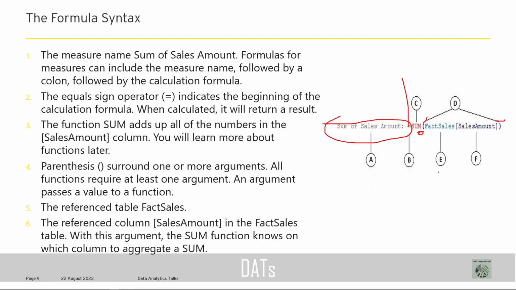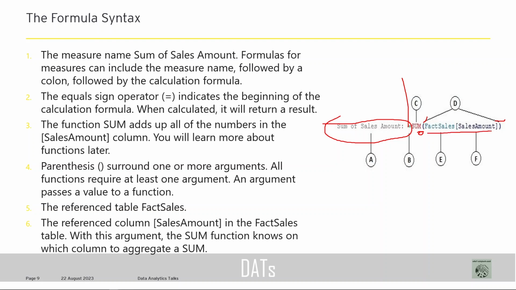Then we are referring to E. What is E? It's a table reference. Fact Sales is a table reference. And what is F? It's a column reference, Sales Amount in the Fact Sales table. With this argument, the SUM function knows on which column to aggregate a sum.